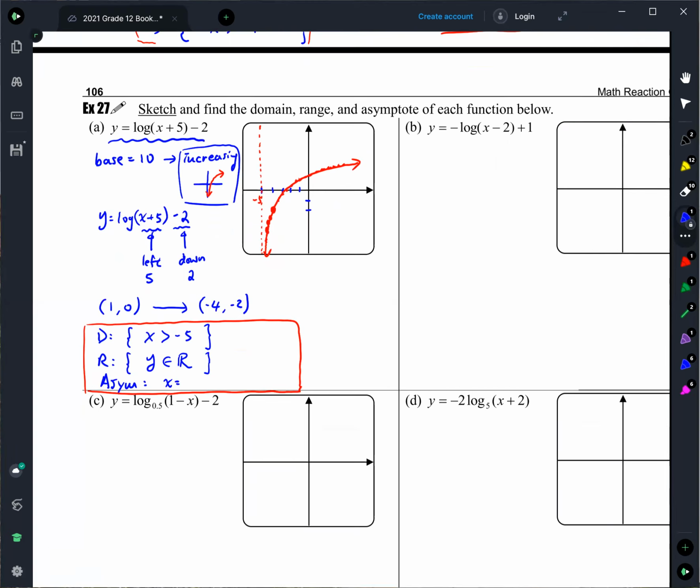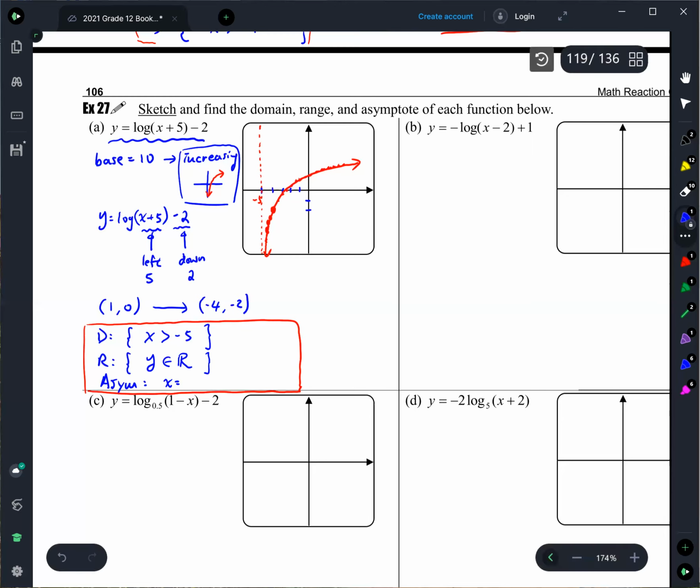Willem? Okay, how about you, Nick? Do you know the equation of asymptote? Is it negative 2?